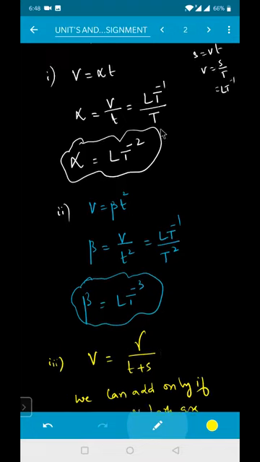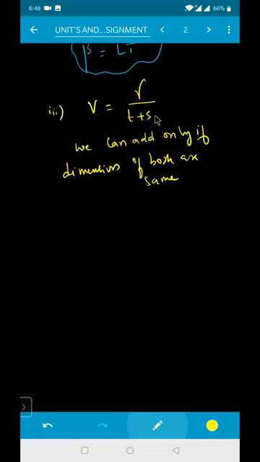That means the dimension of s is equal to the dimension of t, whatever you are adding here. So s will be equal to t. Okay, then only you can add. So gamma will be equal to V into t. I can write this as the total term t. So the dimension of V is L T power minus 1, into t. How much am I getting for this one?